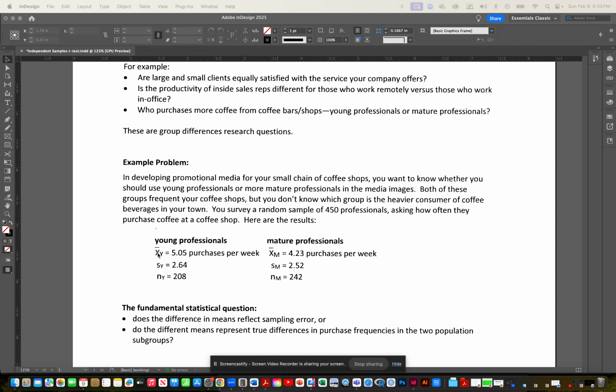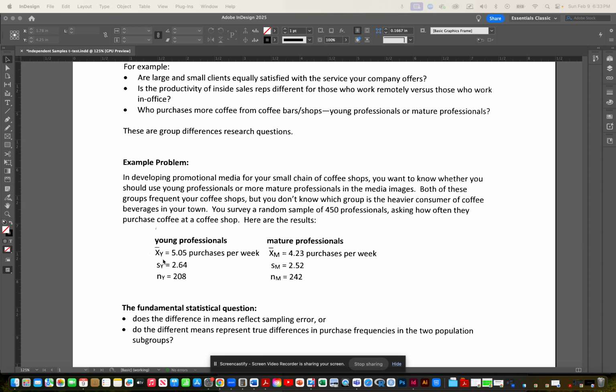For this part here, the part where it says X bar, that would be the mean in the sample. And really, you could make the subscript anything. In this case, we use Y to signify the young professionals. So the sample mean for young professionals is 5.05 purchases compared to 4.23 purchases per week when it comes to the mature professionals.